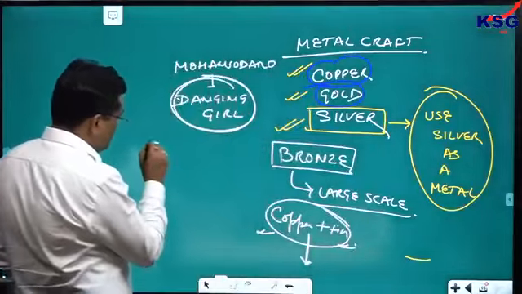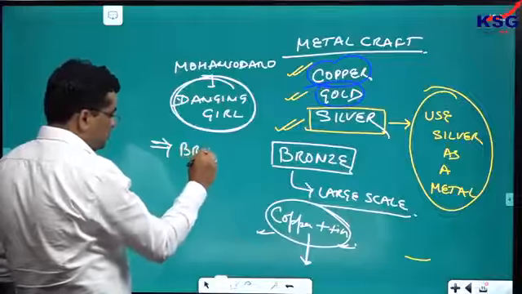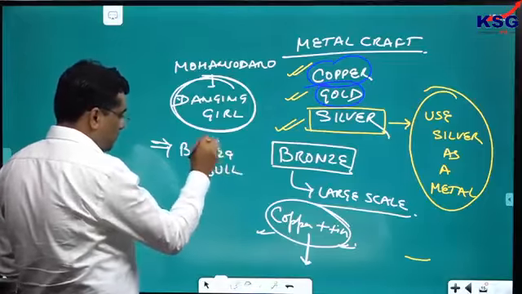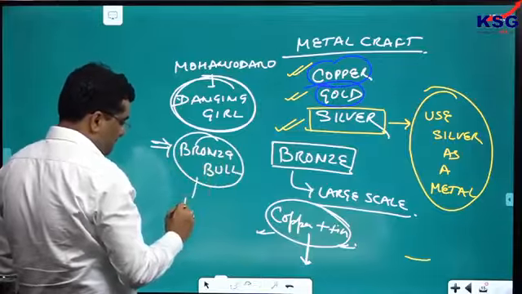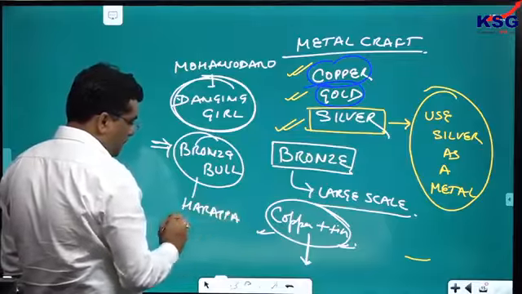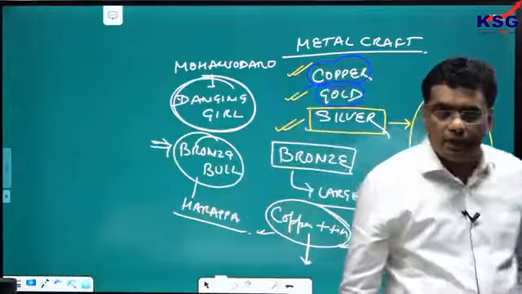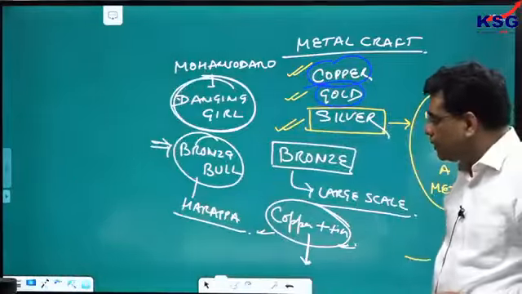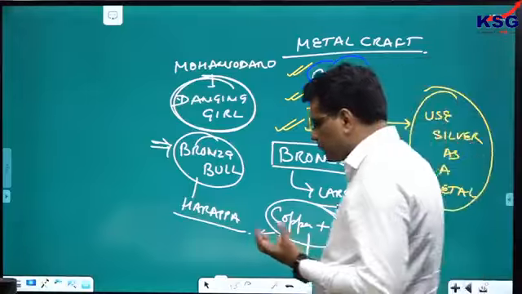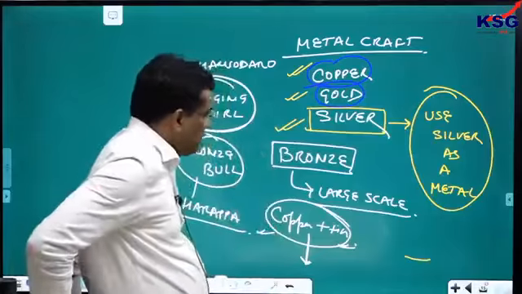We have found a bull from Harappa, a bronze bull from Harappa. We have found a bronze ikka. Ikka, you understand? Ikka is the bullock cart pulled by a single animal, which is called ikka.